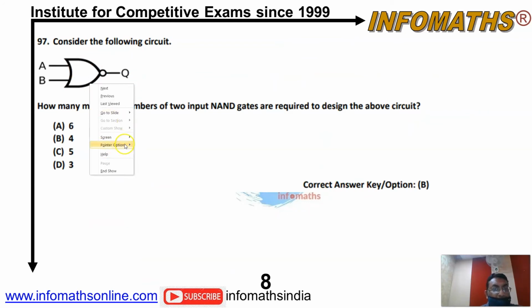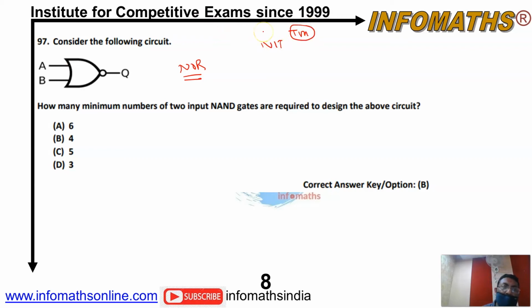Next one is based on logic gates, Boolean algebra. Consider the following circuit. This is a NOR gate. What is the minimum number of two input NAND gates required to design the above circuit? So another important NIT trademark question.